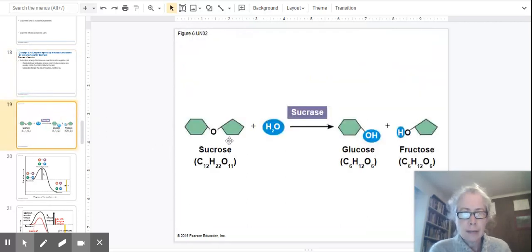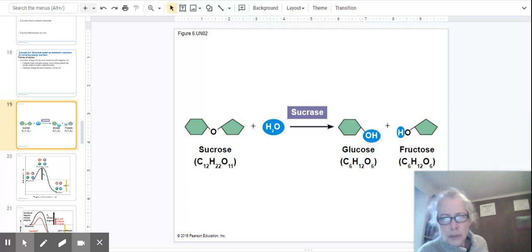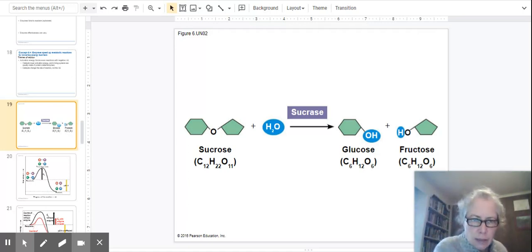Here's an example of how we would note a chemical reaction, both with some symbols showing the shapes of the molecules and also their chemical formulas. On the left side of this equation, it's not an equation, it's actually a reaction, you see sucrose, a molecule you've been working with in lab.